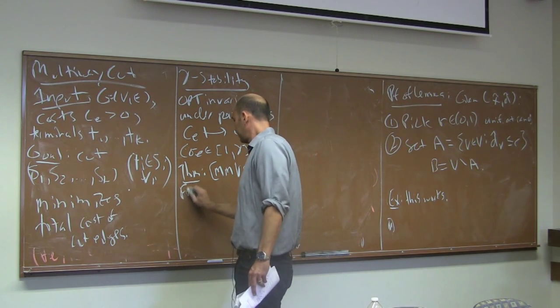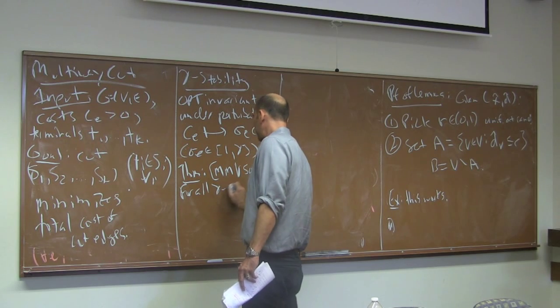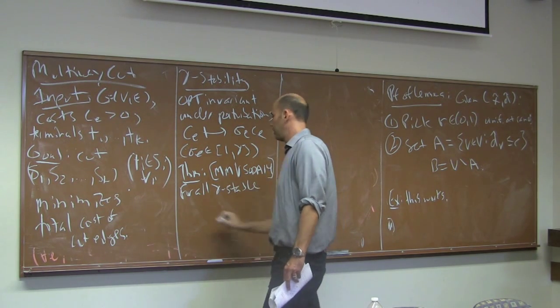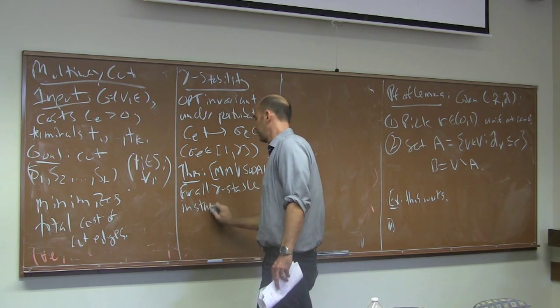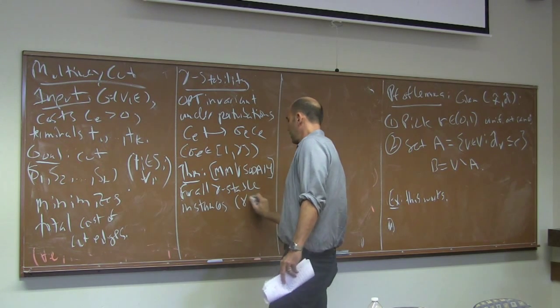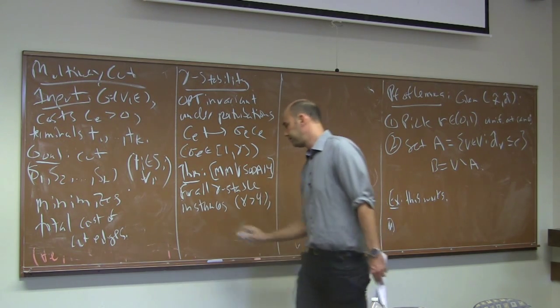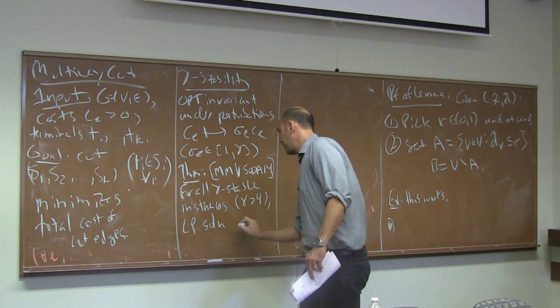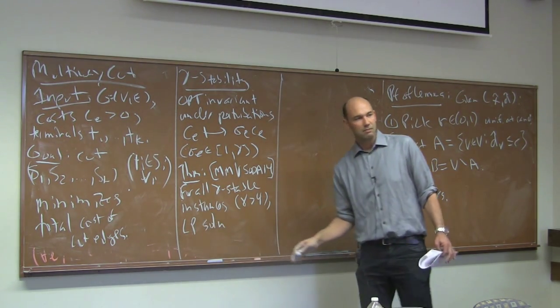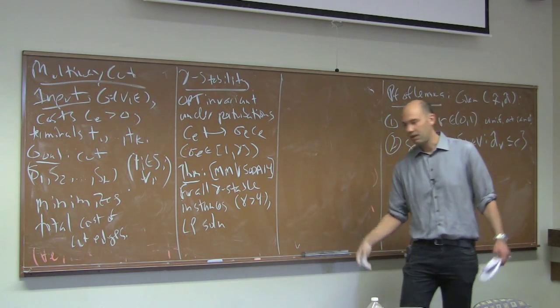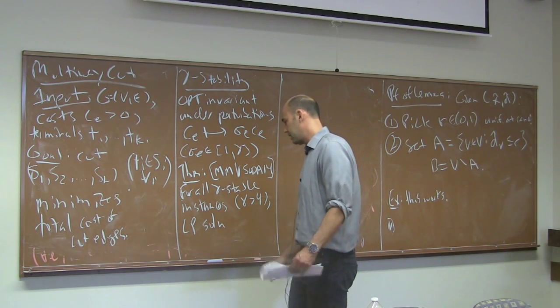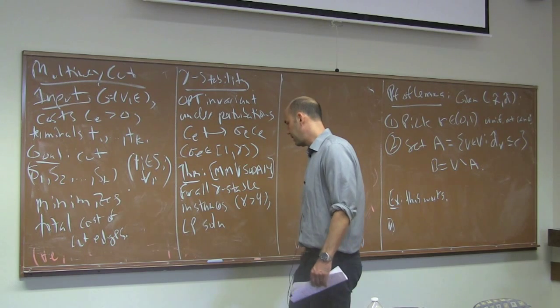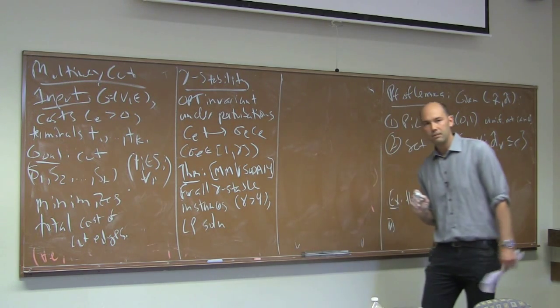So for all gamma-stable multi-way cut instances with gamma greater than 4, the LP solution, of course I haven't told you the LP yet, but I will. The theorem is going to be that the optimal solution to this LP is in fact the optimal solution of the stable multi-way cut instance.